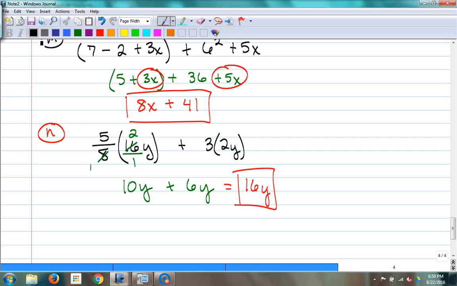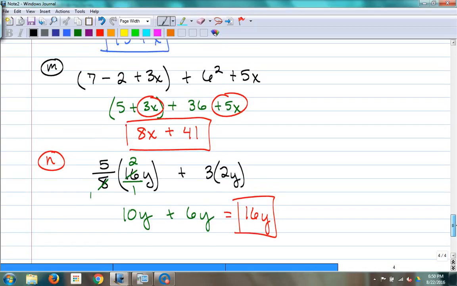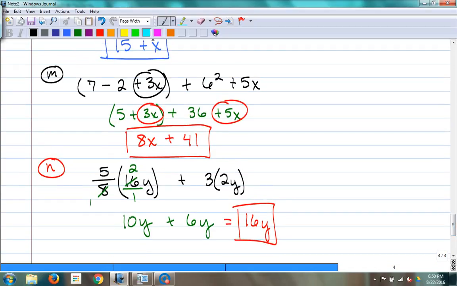So we multiplied first, because order of operations said multiply first. Yes, sir? You saw in the last example that you could combine the like terms first? Now, how would you do it? You couldn't do it with this one, because they're both multiplied by something first. In the previous example, this 3x wasn't multiplied by anything, and neither was the 5x, so they weren't affected by anything.